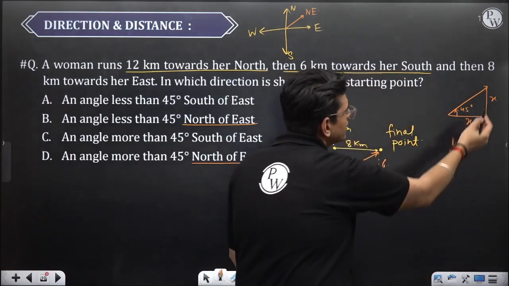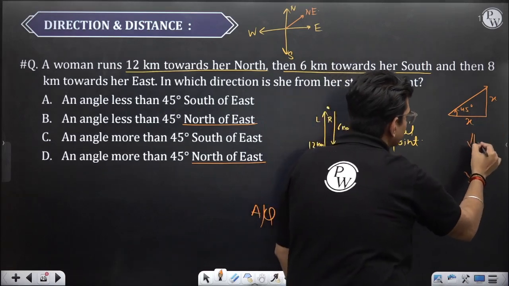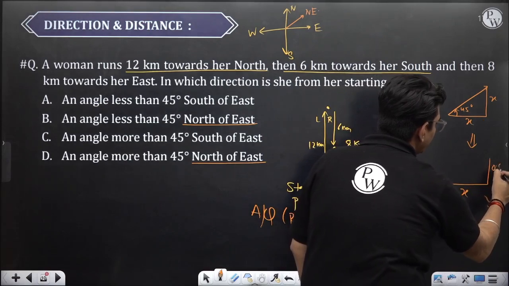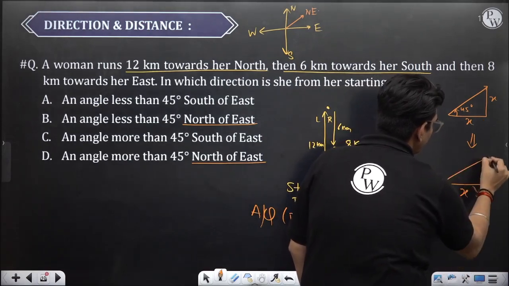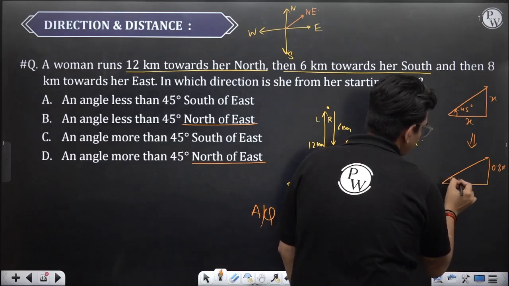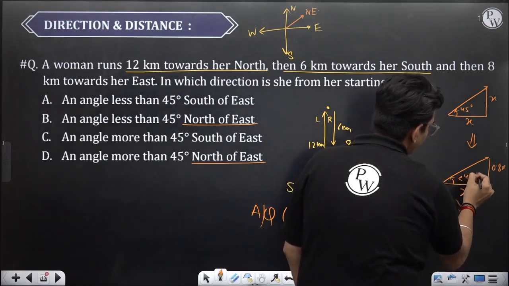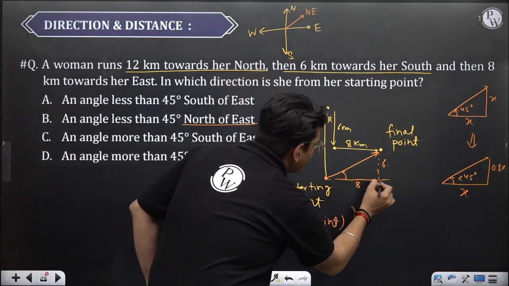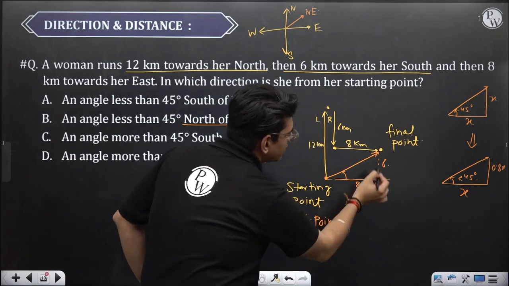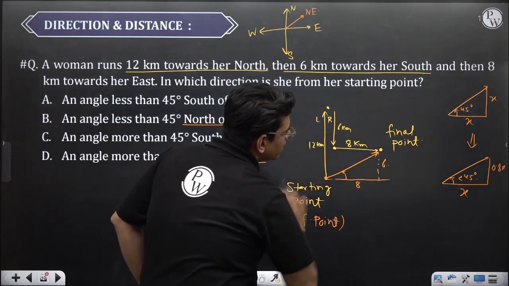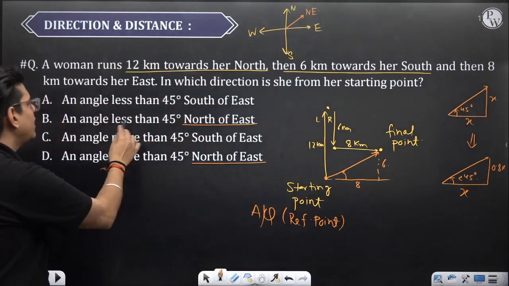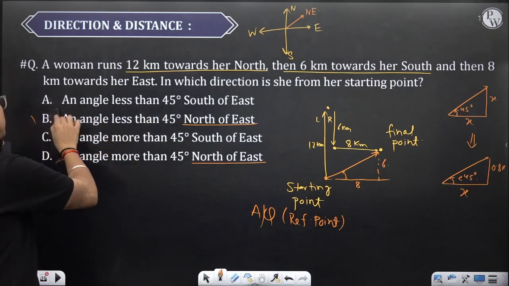If this is not x, but suppose it is 0.8 x, then the angle made by this will be lesser than 45 degrees, right?